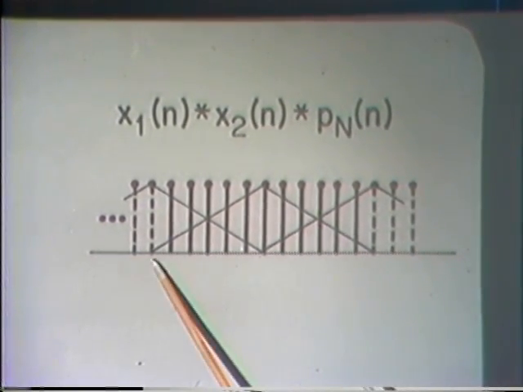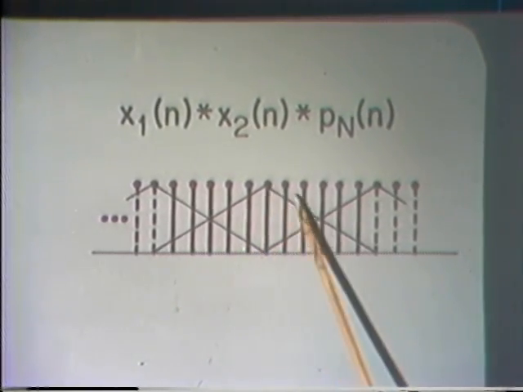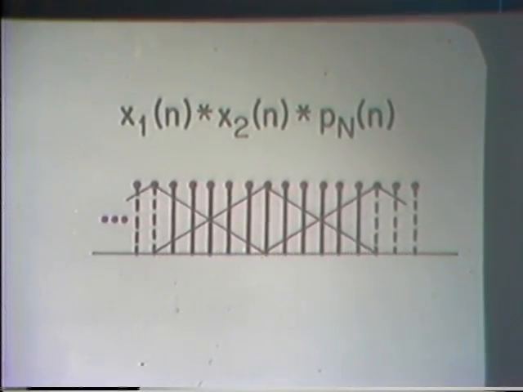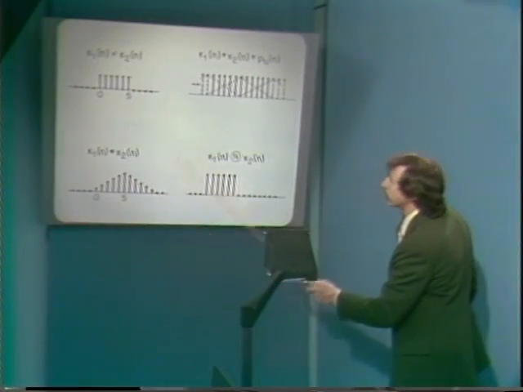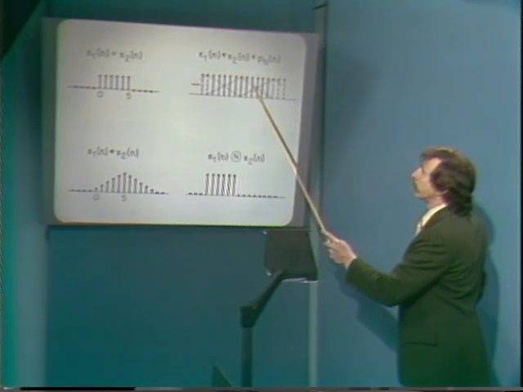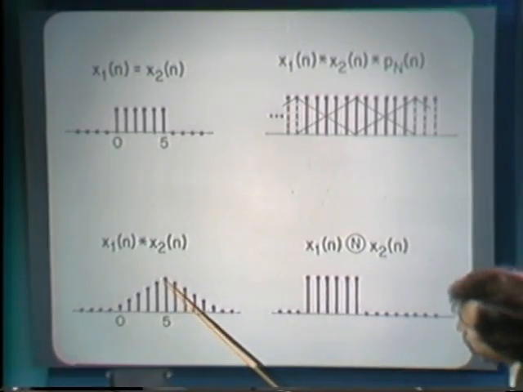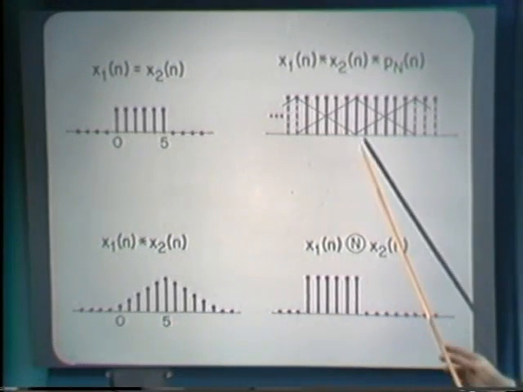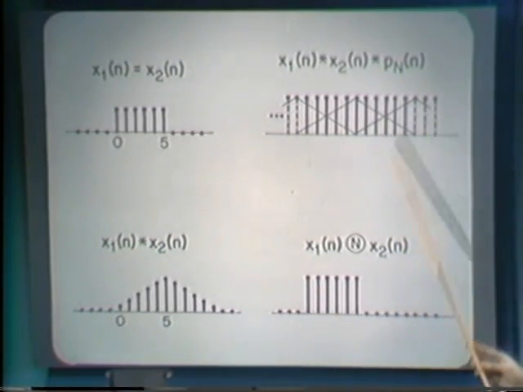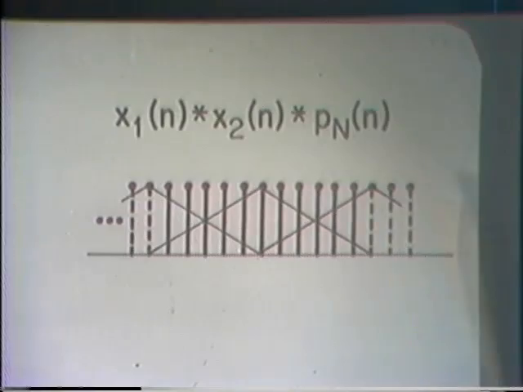So I've indicated here the envelope of the triangular sequence. And you can see that if we overlap these triangles by a spacing of 6, then these points will get added to these points, and when we add up the triangles, they'll always add up to 1.